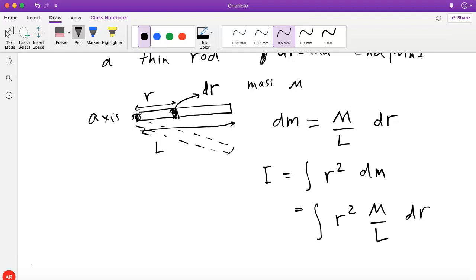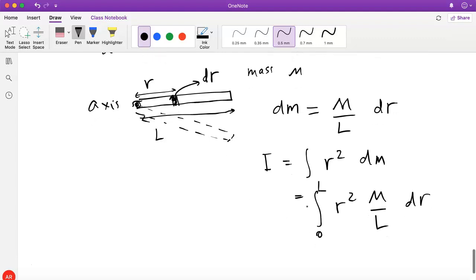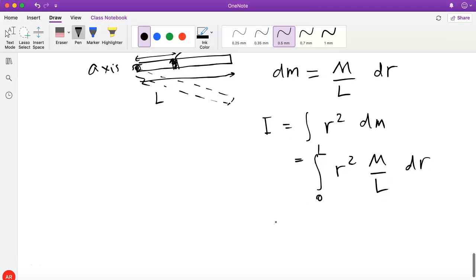So r starts from 0 and goes all the way to L. For any value of r between 0 and L, we have a piece that belongs to this object, and there are no pieces for other values of r. So that gives us the limits of the integral. So it's an integral from 0 to L. m over L does not depend on r, so we factor it out, r squared dr.